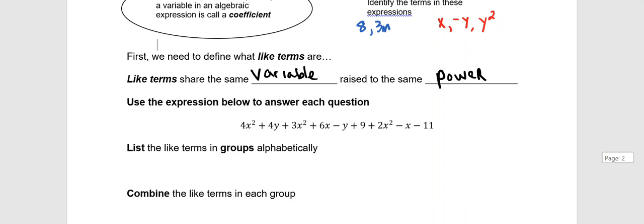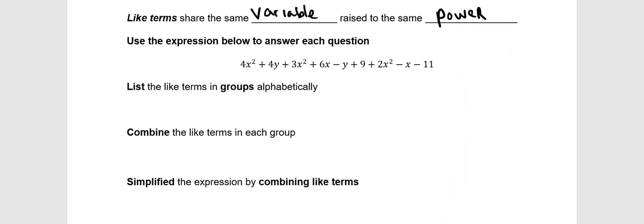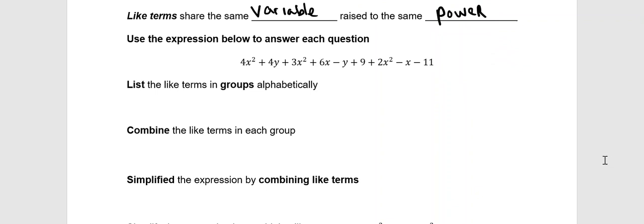So let's look at an expression made up of a series of terms, and let's just group them as like terms, and we'll go alphabetically. So I notice I've got terms with x squared, terms with y, terms with x, again, terms with y, and then I have some numbers on their own. Those are what we call constants, okay?